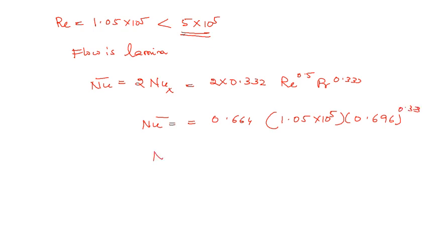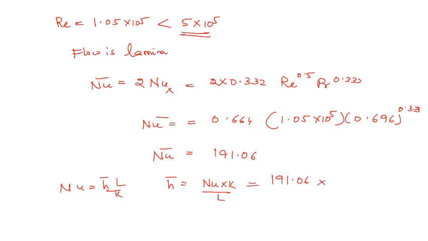On finding that, average Nusselt number is equal to 191.06. Nusselt number is equal to H average L by K, so H value is Nusselt number into K by L. By using that, we got 191.06 into 0.0286 divided by L, that is 1. So the H value turns out to be 5.64 watt per meter square Kelvin.